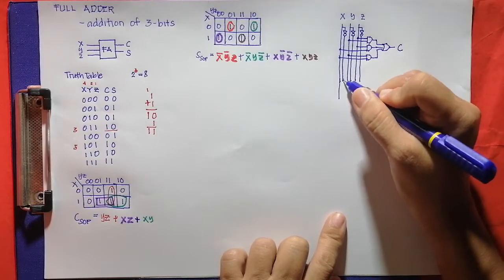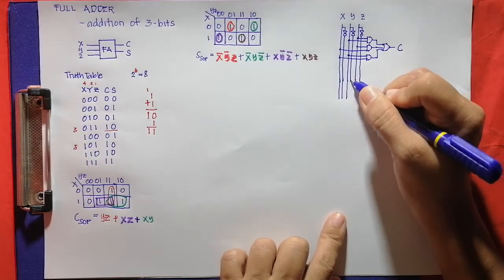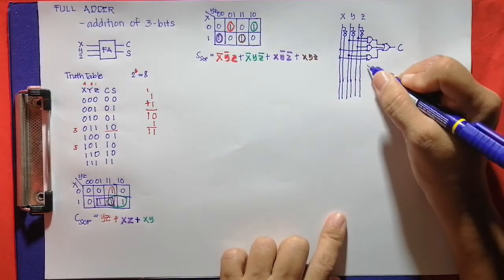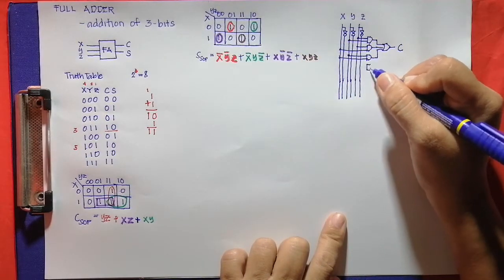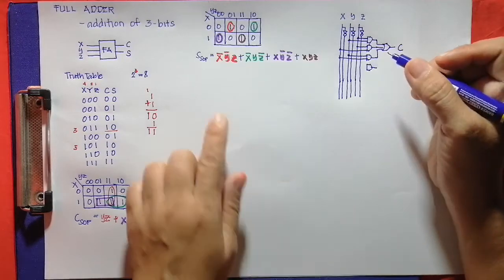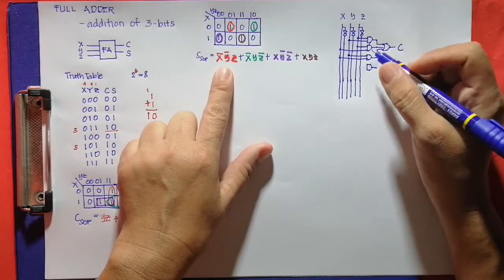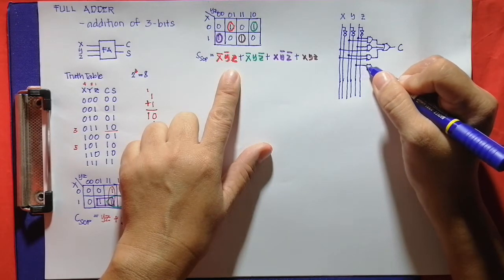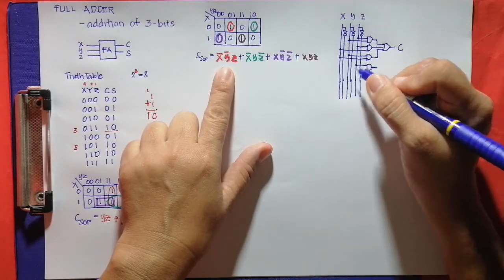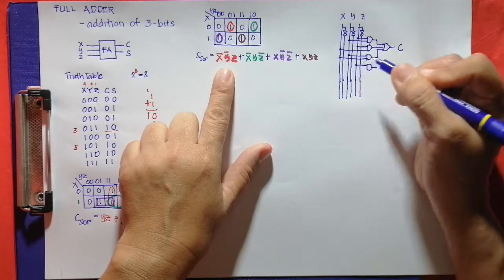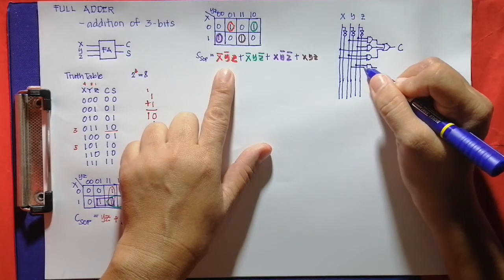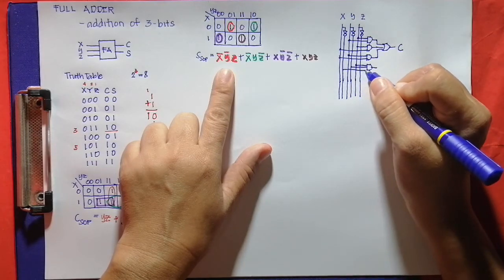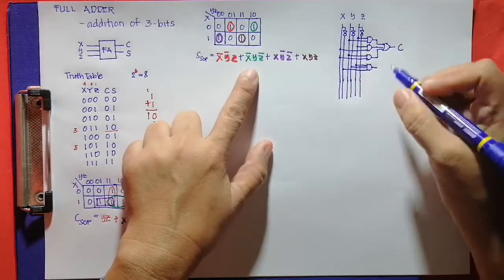And then next is for S. So we have not X, not Y, Z. So we have here Z. Not X, not Y. So we have here not Y. And we have here not X. Okay.